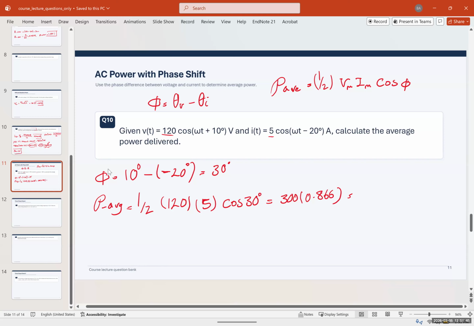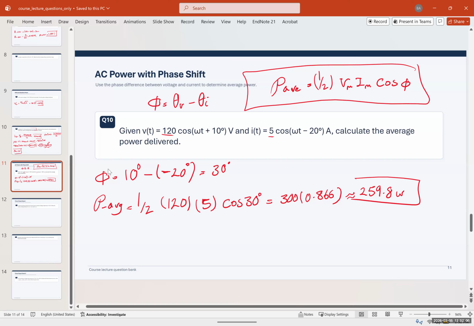This is what I calculated, and maybe double check my calculation. It's almost 259.8 watts. Did you get the same number? Again, this equation that I mentioned here: when you have the cosine, it's going to be the half of.